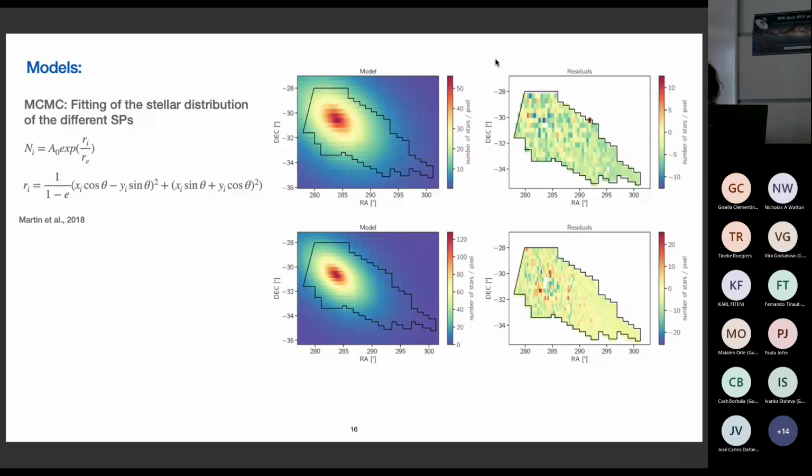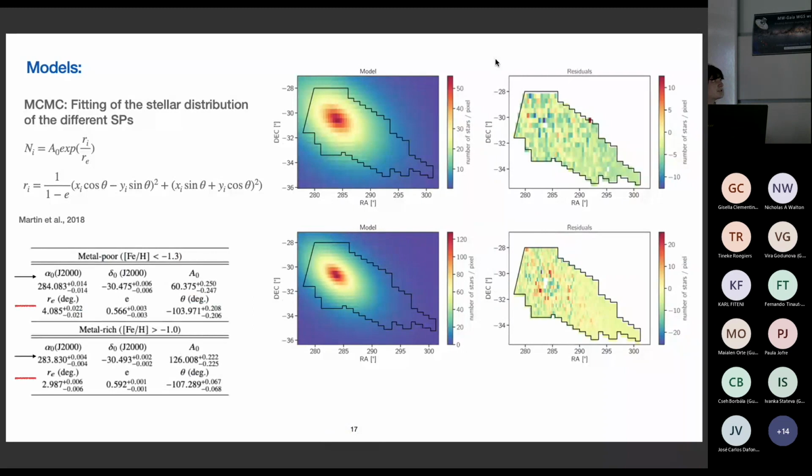And then we had a look at the different structural parameters that describe this distribution to see how the two populations show differences. The parameters are the centroids, the central density, the scale radius, the ellipticity, and the position angle.